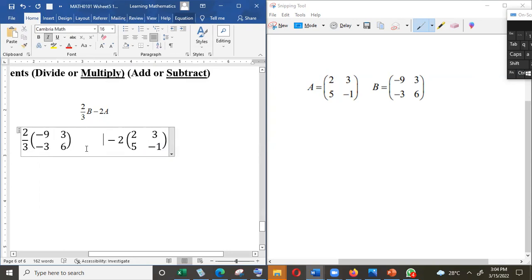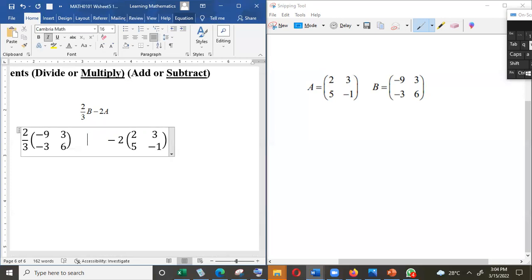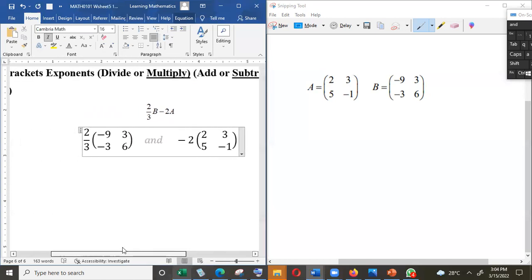This situation and this situation. So we want to deal with them separately and then bring them together. Okay, bear that in mind.